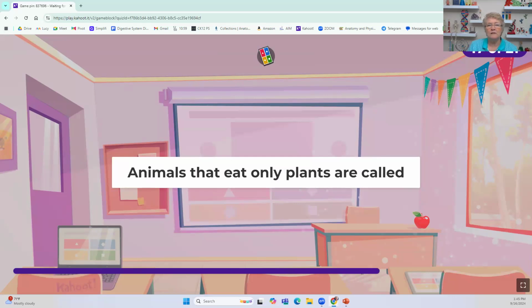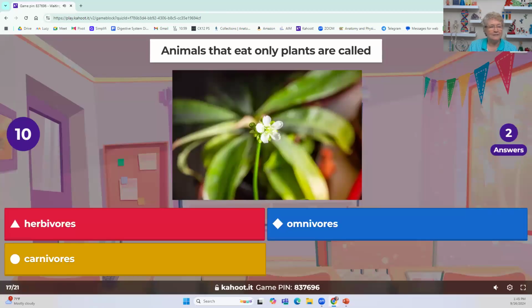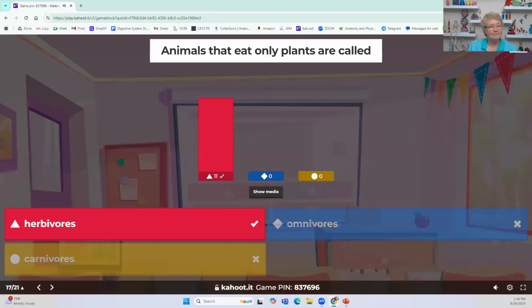Animals that eat only plants are called herbivores. Now keep in mind, herbivores can and often do eat animal products, especially insects. If you're a grazer eating the grass, the leaves off the trees and bushes, you're going to get some insects with it.